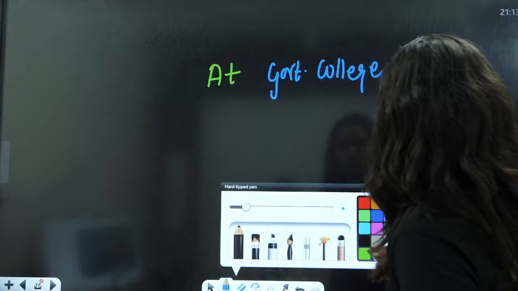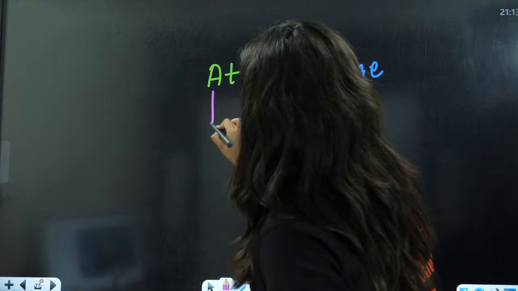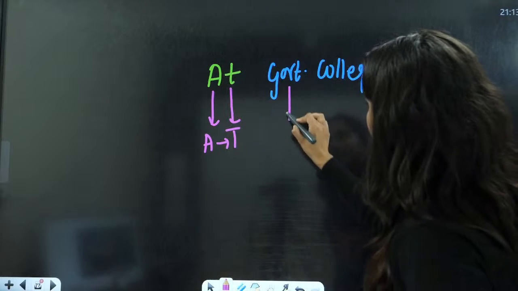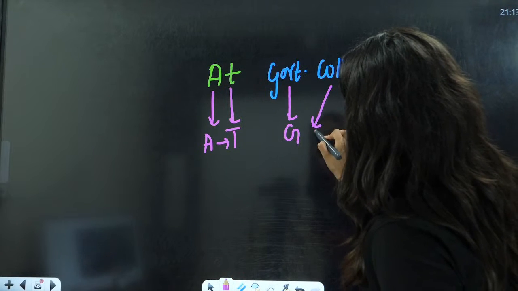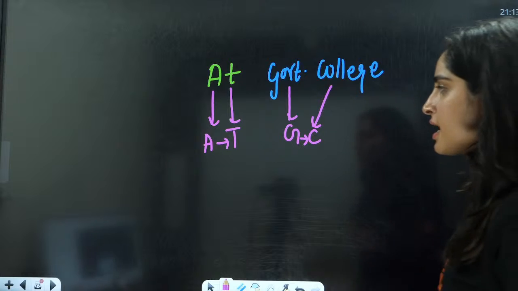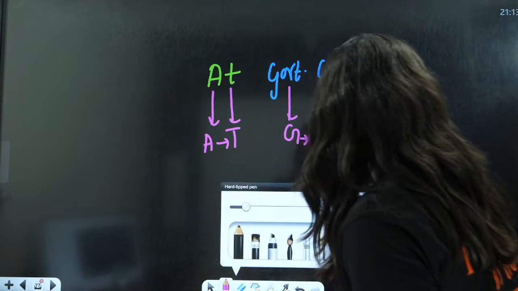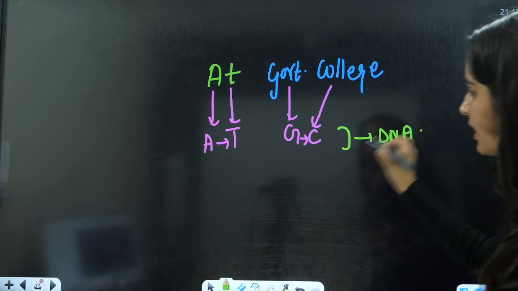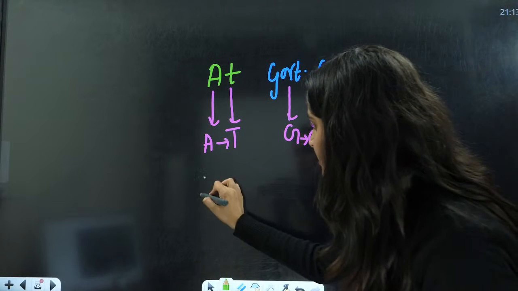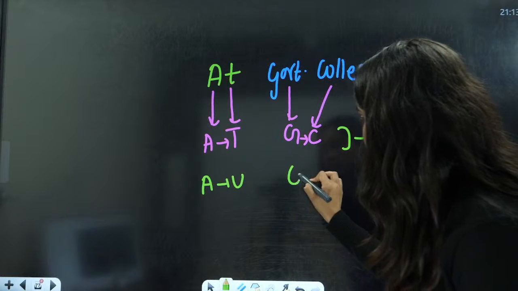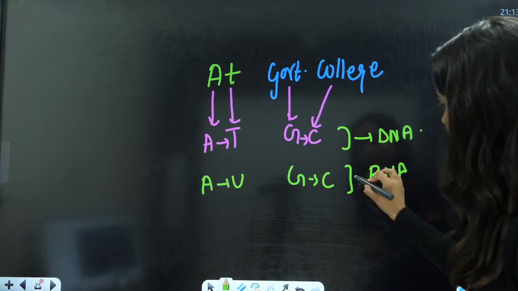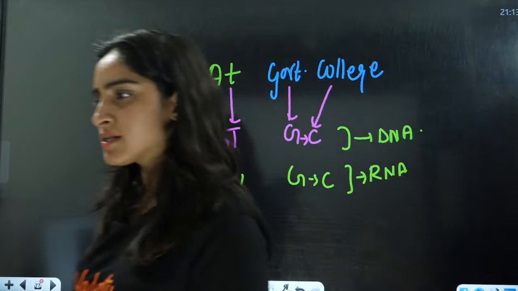At Government College. So this will be A with T. Then G with C. And this is for DNA. And for RNA, it is A, U, and this is G, C. This is for RNA. Okay, understood this?